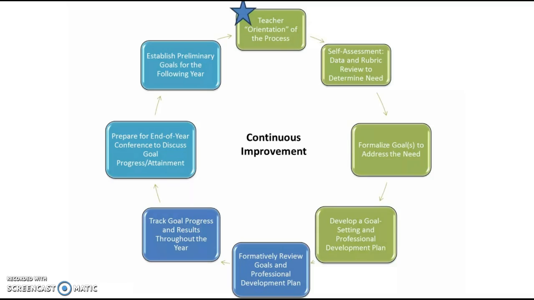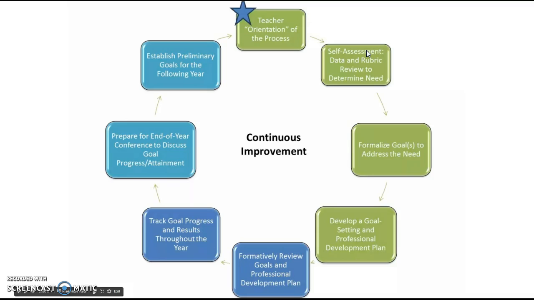This is the continuous improvement cycle. This is what's found through TEA's information for us. And we are right here at the top. So we are in the orientation phase. We are learning about T-TESS. And that's what we are going to be focusing on throughout August and September, is that learning and orientation phase. And then as you follow it around, self-assessment, we're going to look at data and the rubric.